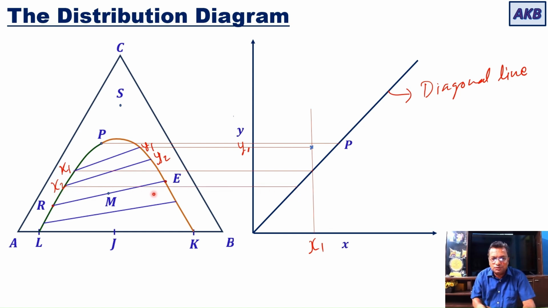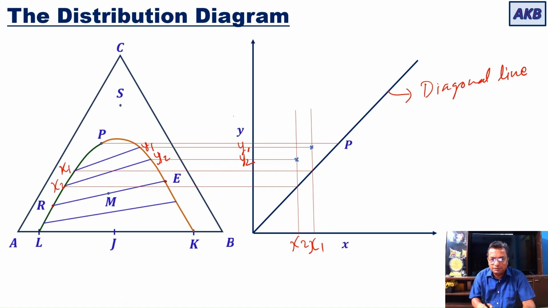So I'll draw a horizontal line, come to the diagonal line, and then I'll draw a vertical line, and I'm going to get X2 over here. Now let us get Y2. So for that, I will draw a horizontal line from this point till I reach this point, and I get a point whose y coordinate is y2, x coordinate is x2.